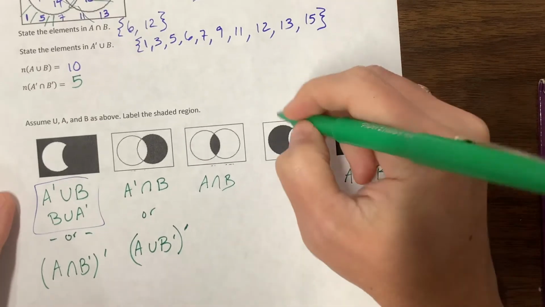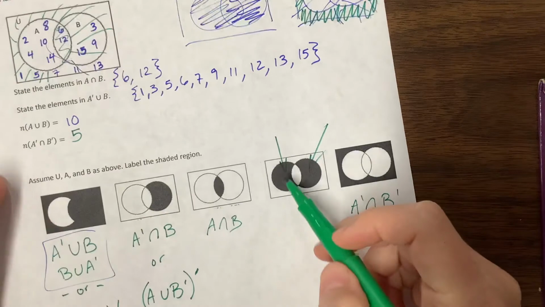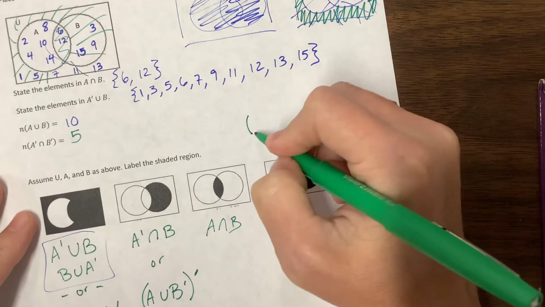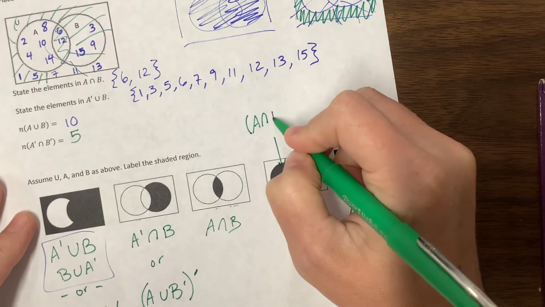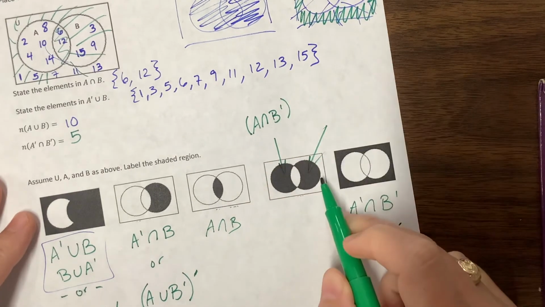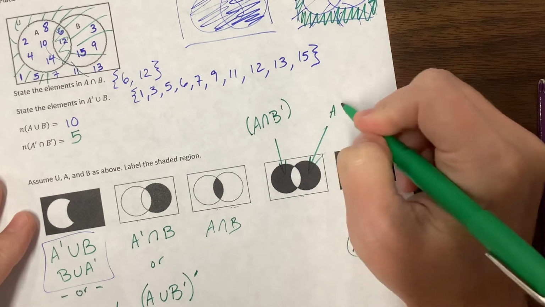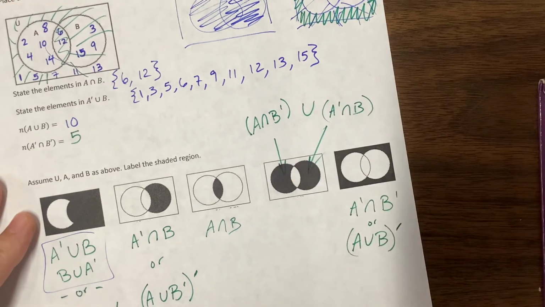So what we can do is think of how do I define that piece and then how do I define that piece. Well, this piece is A intersect what's not in B. And this piece becomes B intersected what's not in A, or B intersect A naught. And so I want the union of those two things.